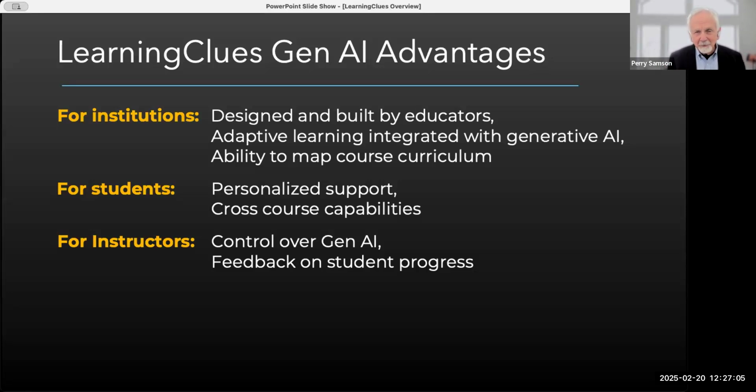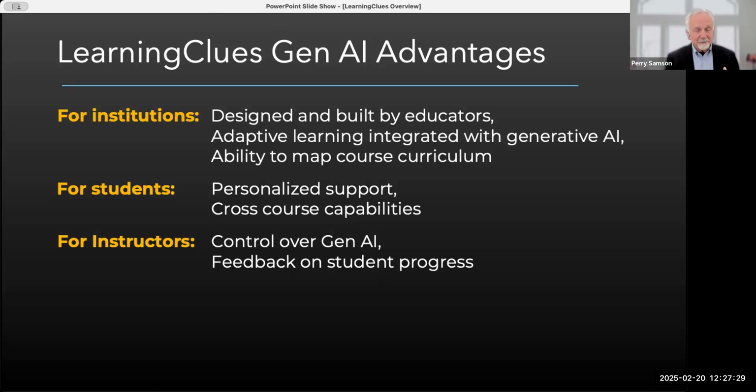For the instructor, you have total control over generative AI. The students are only going to get what you have taught, nothing else. And you get some feedback on students' progress, how proficient they are in each of the learning objectives in your course.